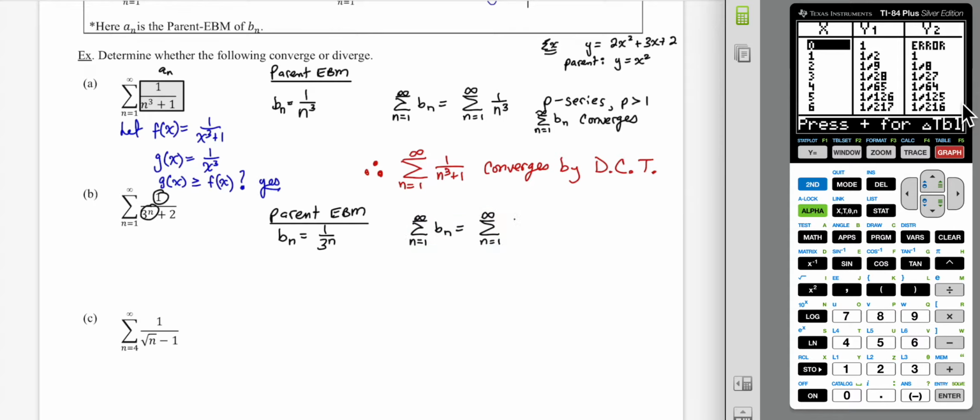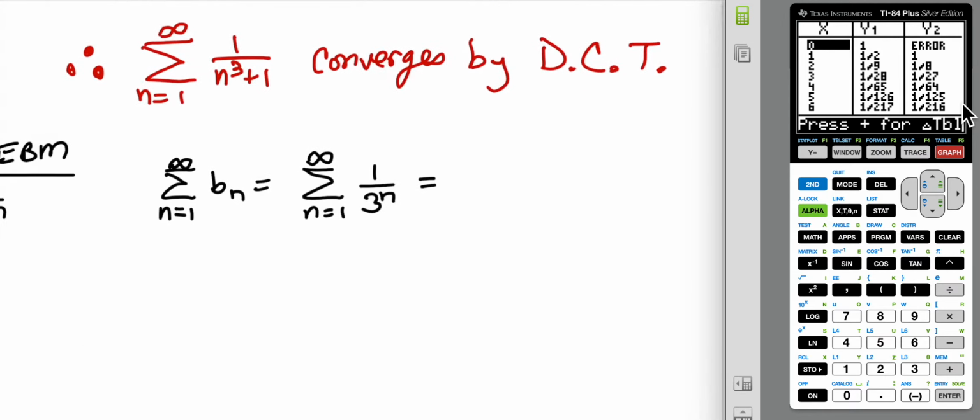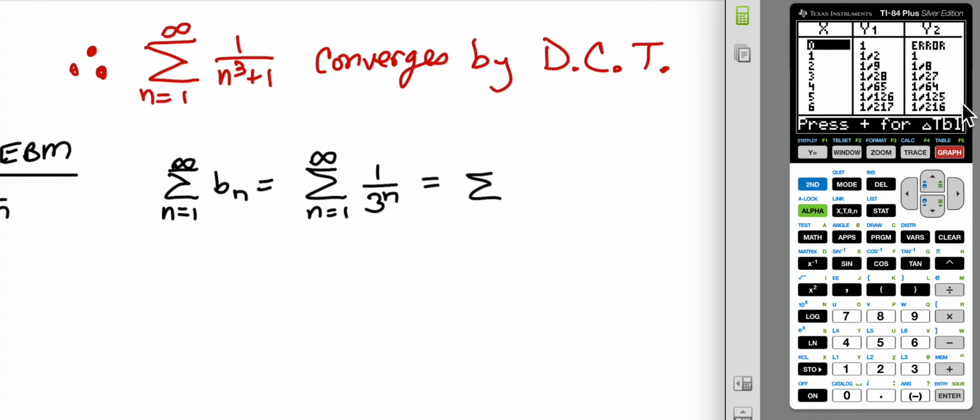So 1 over 3 to the nth. Now I'm going to clean that up just a smidge, because I could rewrite this as the sum from n equals 1 to infinity of 1/3 to the nth. And if you throw in front an assumed 1, now you have a geometric series.